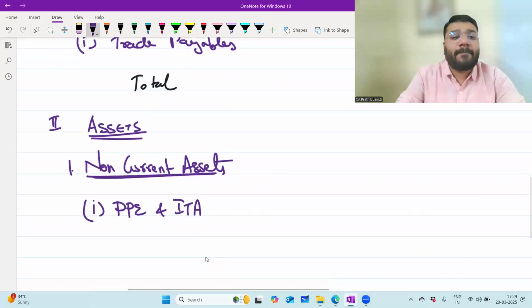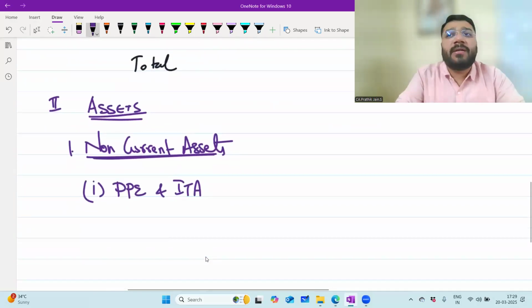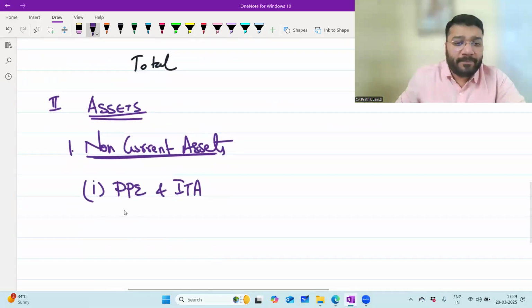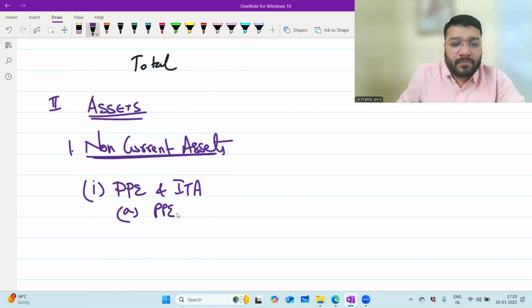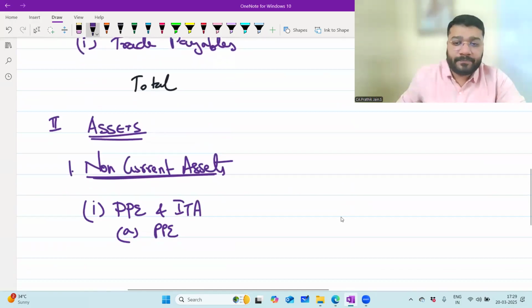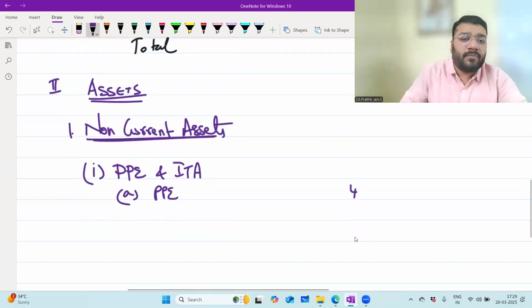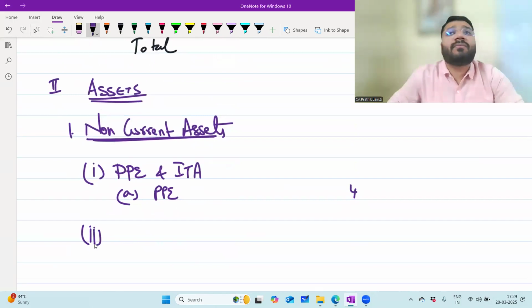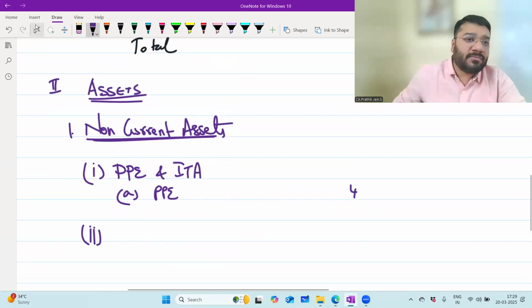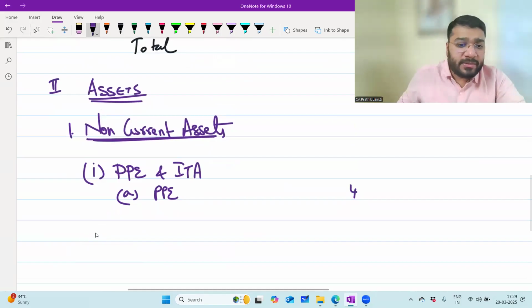Under that, we have property, plant and equipment. There are no intangible assets. Note number 4. Second one is non-current investment. Do we have any? No. Any other non-current assets? Long-term loans and advances, nothing is there. So not required. From here directly, current assets.